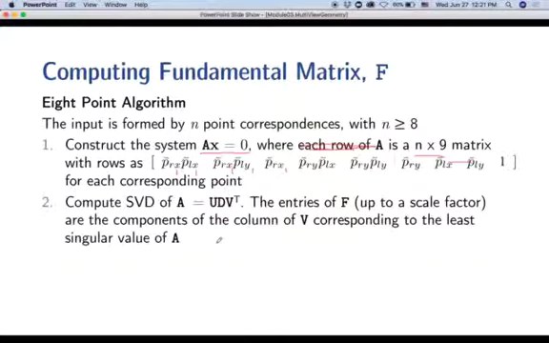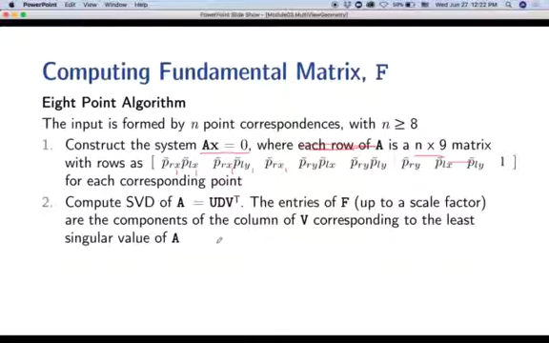Now this is fine, this is good, except I have not imposed the constraint that F indeed should be rank 2. So what I can do, it's a bit of a hack, it's not a fully sound mathematical argument. I did this for simplification because imposing the rank constraint within the optimization was harder.